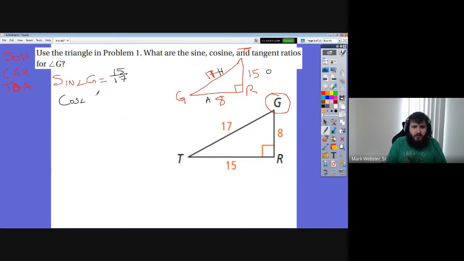Cosine of angle G, adjacent over hypotenuse, right? 8 over 17. And then the tangent, opposite over adjacent. So it's simple.